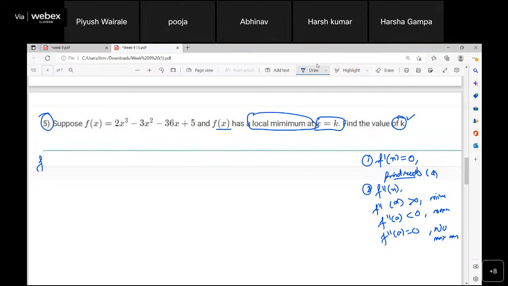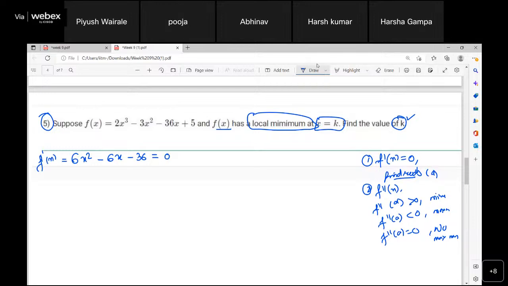So what is the differentiation, f dash of x? Yes, 6x square minus 6x minus 36, right? Now we have to equate it to 0. So what are the roots of this equation?